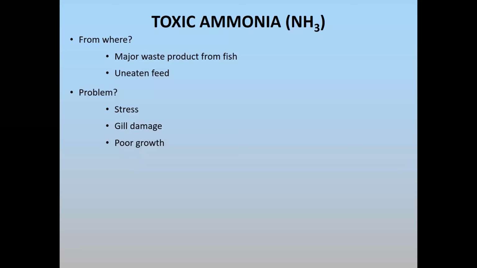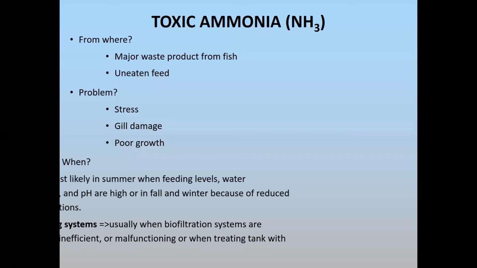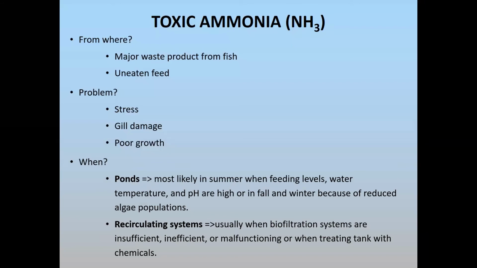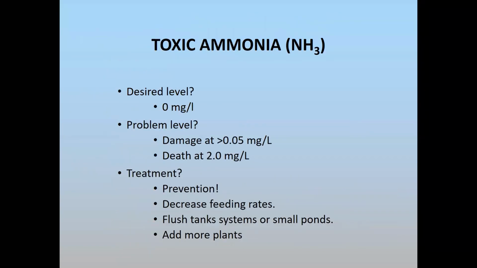It can certainly slow down their growth, and just again, it's that stress and the cumulative stress if you have other issues as well. And typically, as we said with dissolved oxygen, we typically see more issues with ammonia in the summer months. Again, warmer water, and if we're going to overfeed, it's probably going to be in those summer months. Obviously, we're trying to keep the levels down as low as possible.